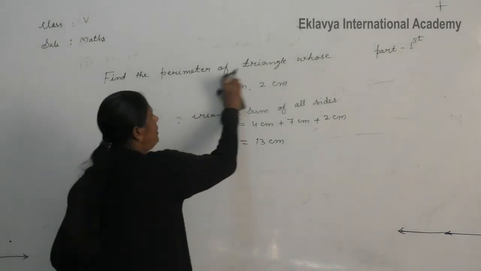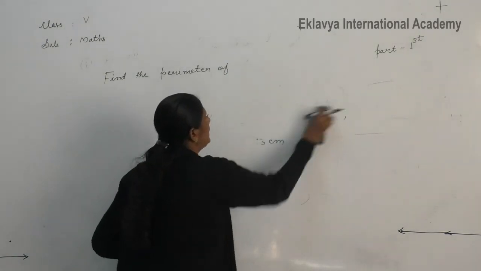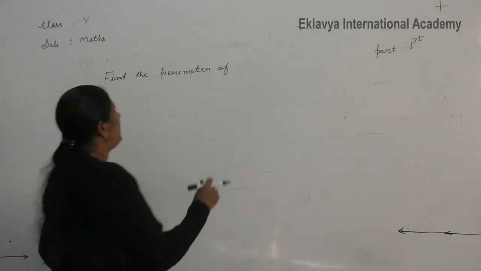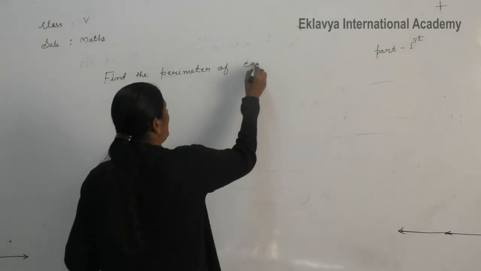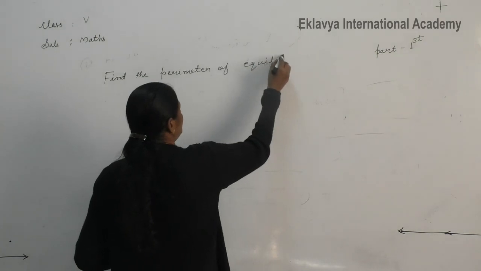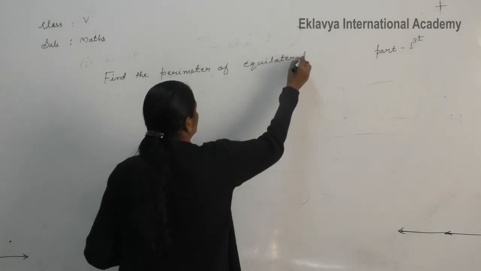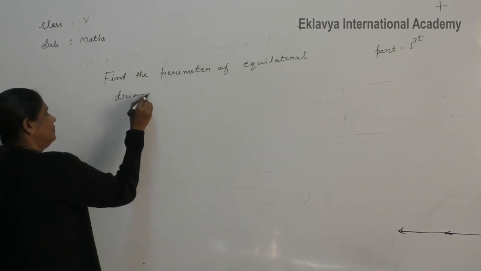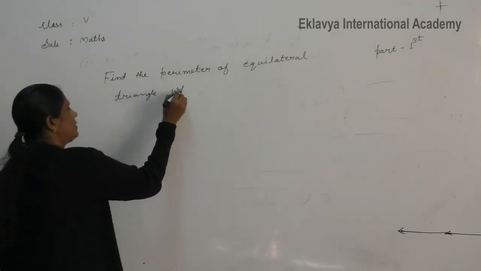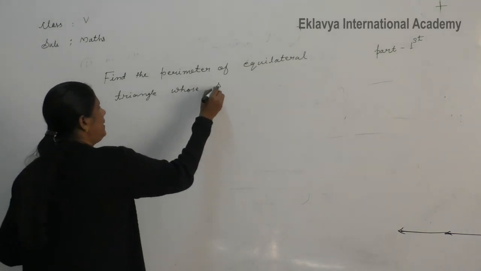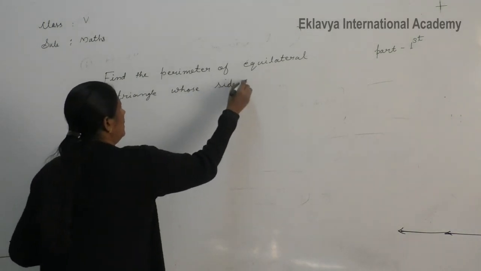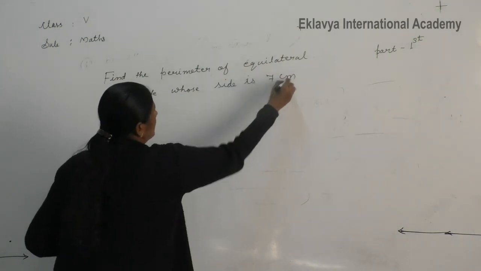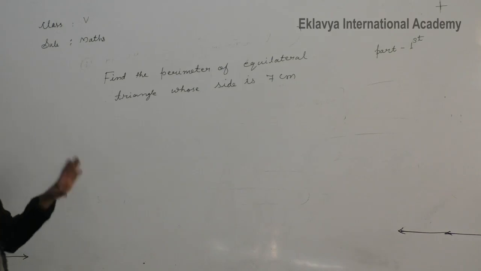Then another question. Find the perimeter of an equilateral triangle whose side is 7 centimeter. Then what is the formula of an equilateral triangle?